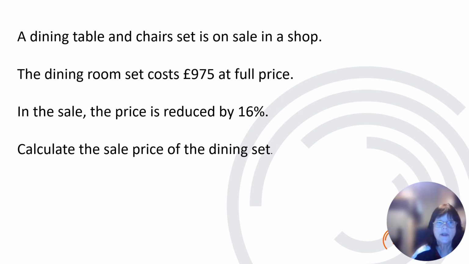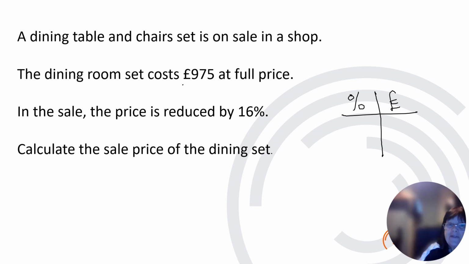Okay, let's try another one. Again, let's start with what we know. We are looking at percentages and money again. A dining table and chairs set is on sale in a shop. The dining room set costs £975 at full price. So 100% of the cost, the normal cost, is £975.